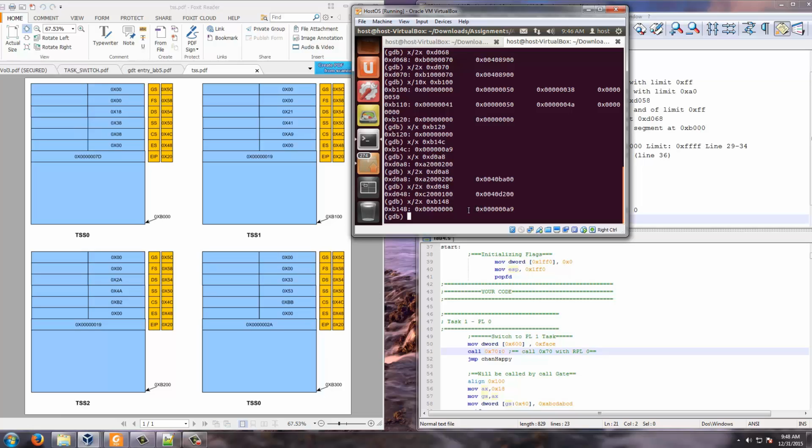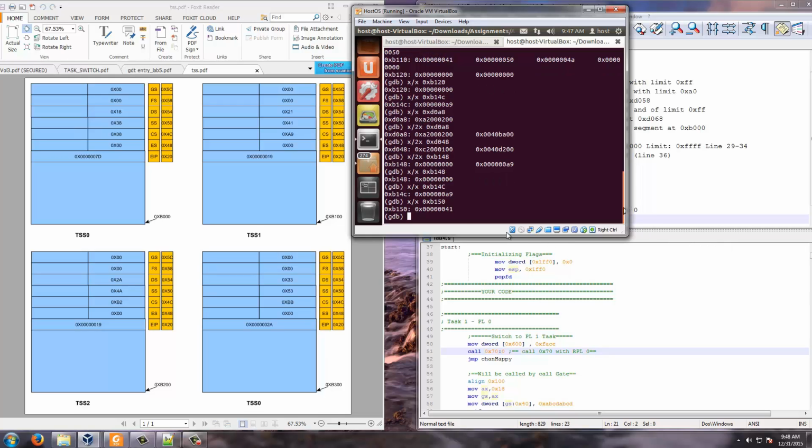B148 is a null descriptor, a null selector. Then B14C is A9, that is CS.